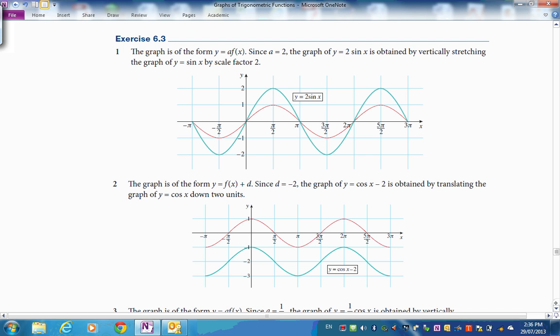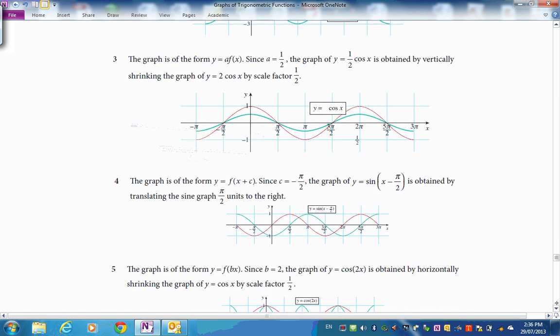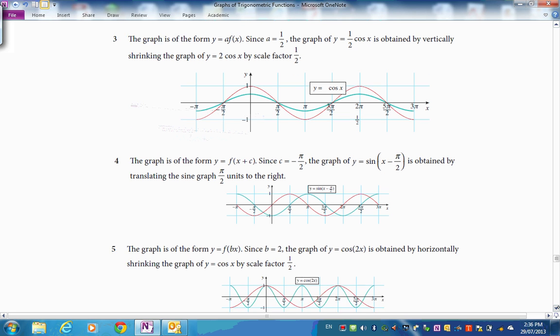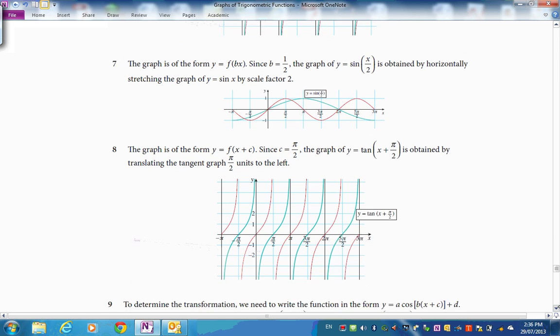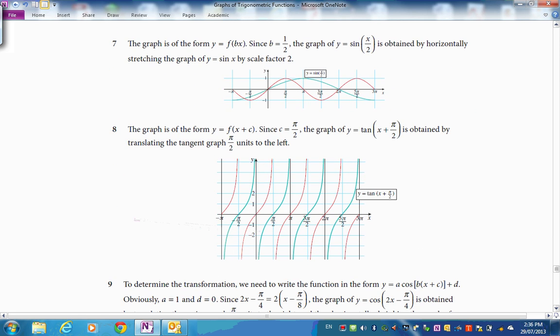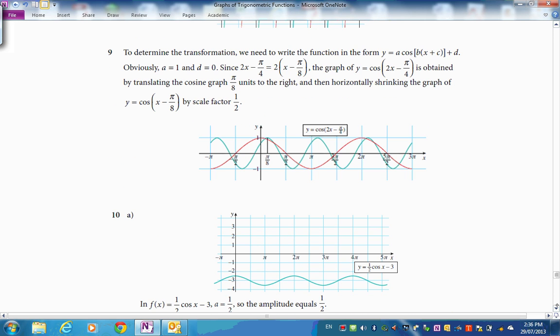Here are some answers. Question 1 and 2. 3 and 4. 5 and 6. 7 and 8. 9 there.